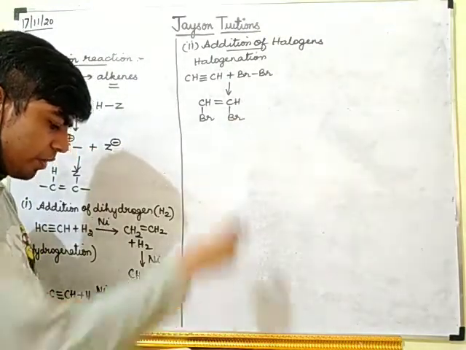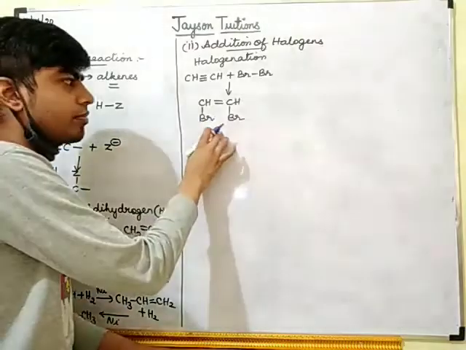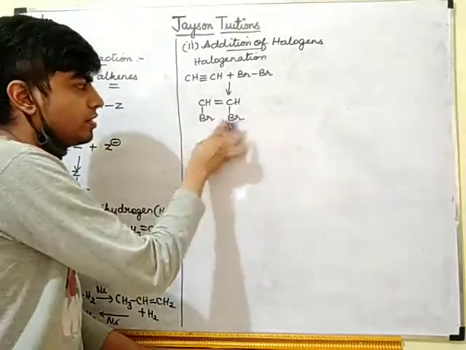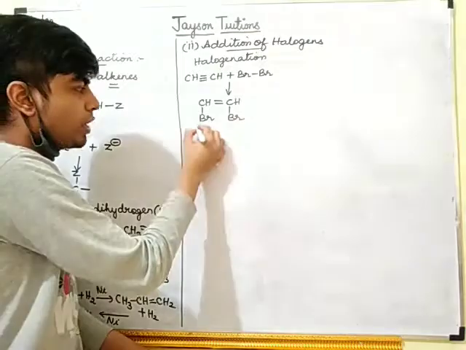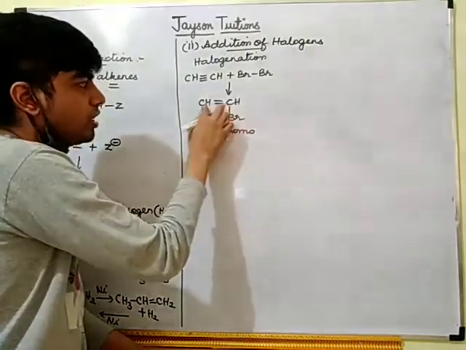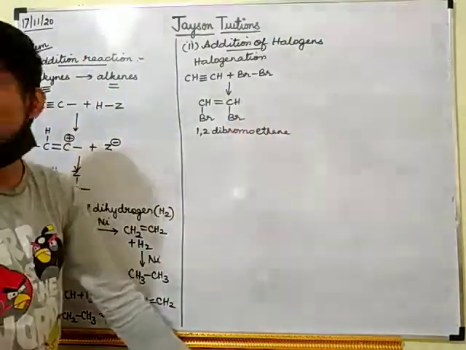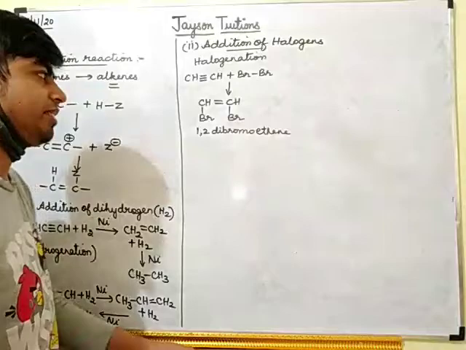Okay. So what is the name of this compound? Tell me. 1,2-dibromoethene. Okay, 1 comma 2 dibromoethene.